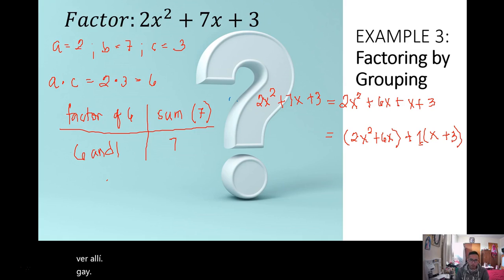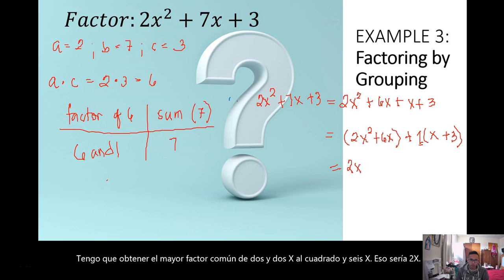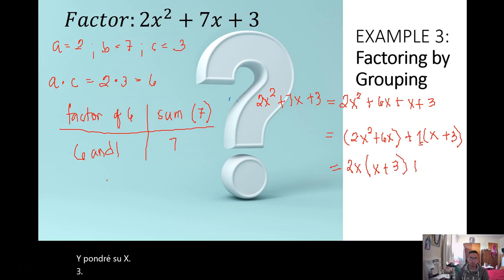I have to get the greatest common factor of 2x squared and 6x. That would be 2x outside, and I'll just put there x plus 3. Okay, plus 1 and then x plus 3. So combine your x plus 3 together.